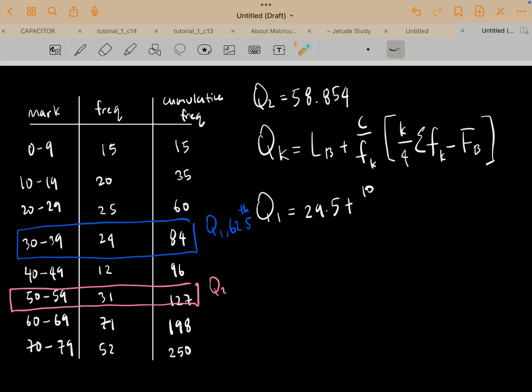Again, C is the upper bound, which is 39 plus 40 divided by 2, minus 29 plus 30 divided by 2, which is 10, divided by the frequency at that mark range, 30 to 39, which is 24, times 62.5 minus the lower cumulative frequency, which is 60.